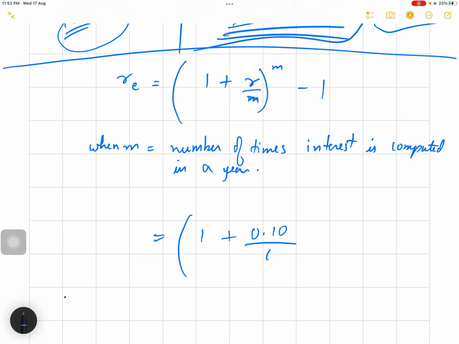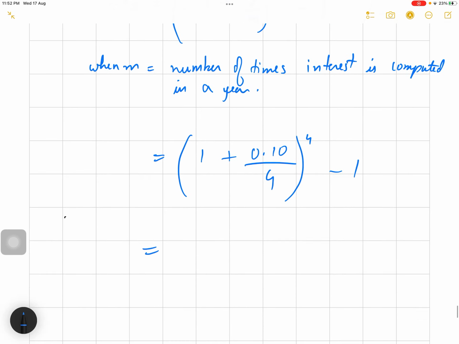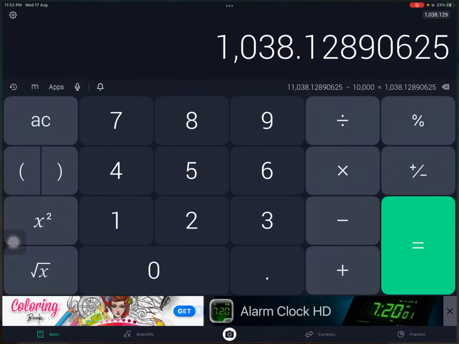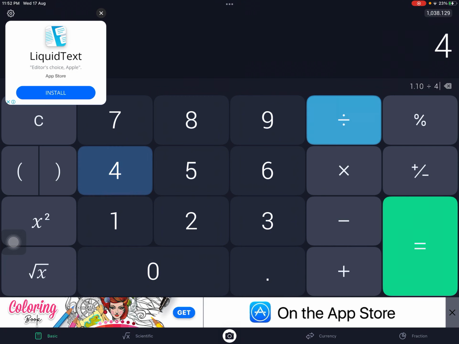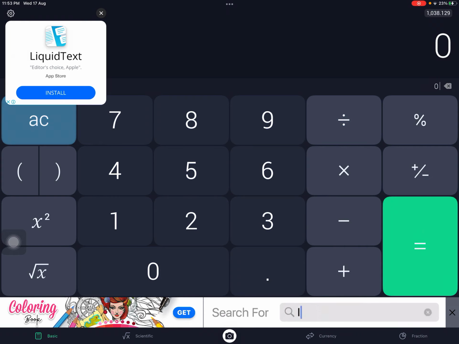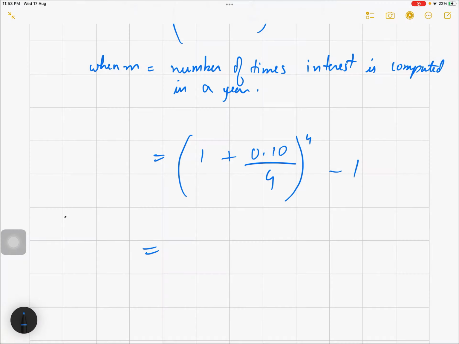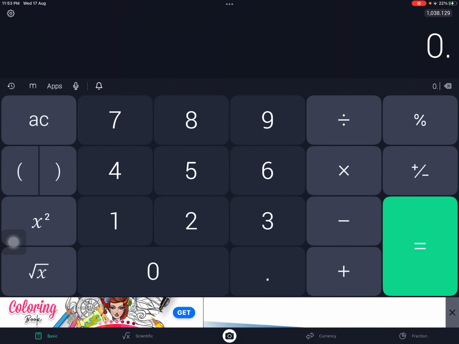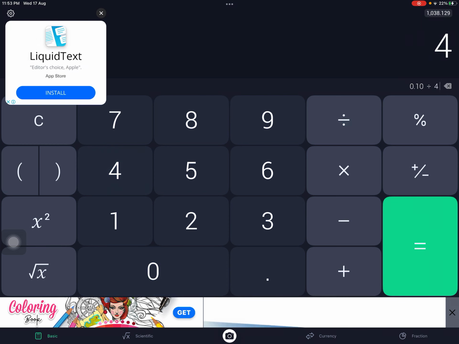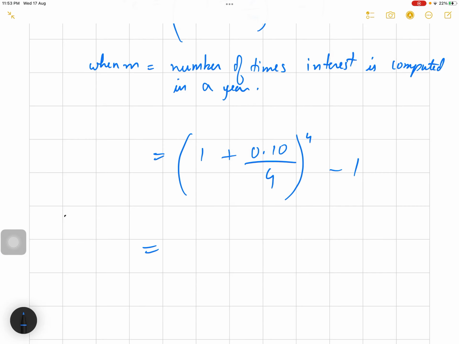So 1 plus 0.10 divided by 4, since my interest is compounded quarterly, raised to 4, minus 1. 0.10 divided by 4, plus 1, comes to 1.025.